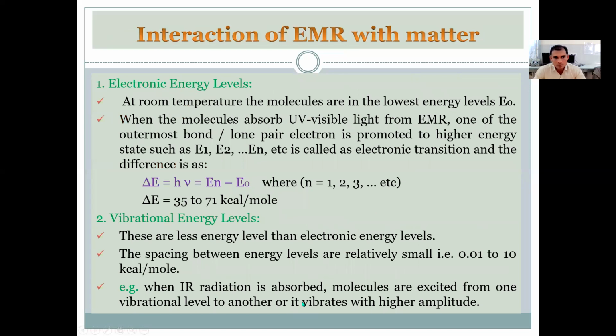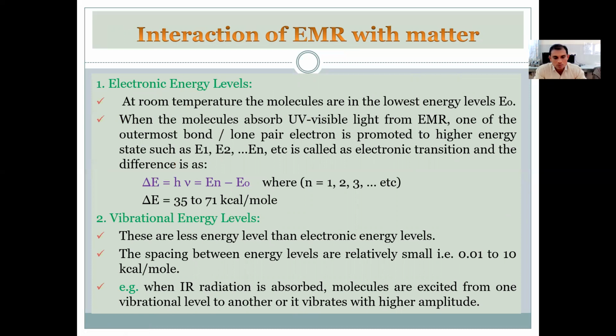Next one is energy levels. There are three types of energy levels in UV spectroscopy: electronic energy levels, vibrational energy levels, and rotational energy levels. First one, electronic energy levels. At room temperature, the molecules are in the lowest energy level, E0.